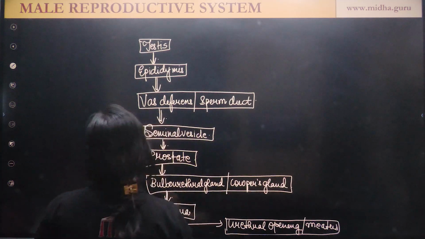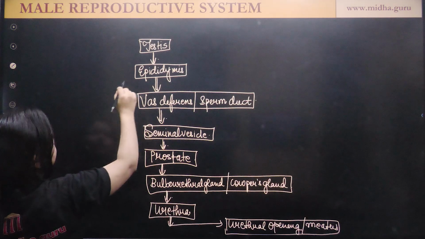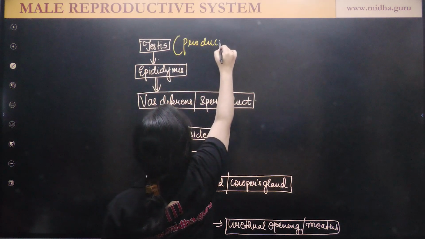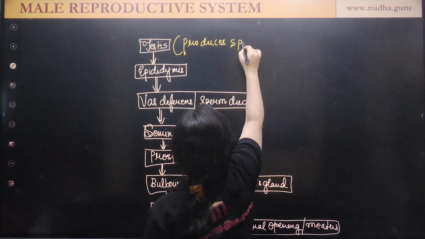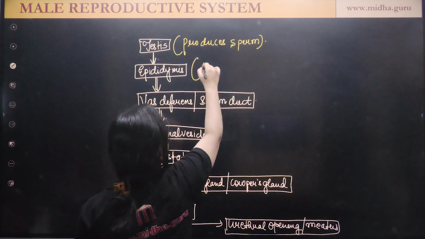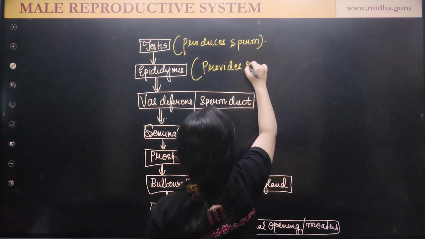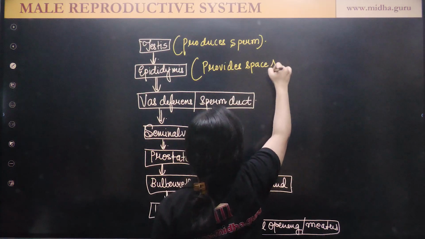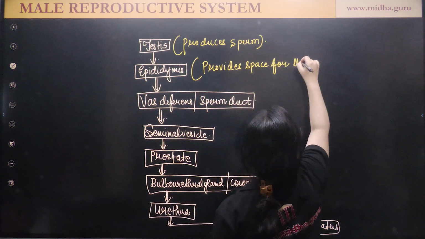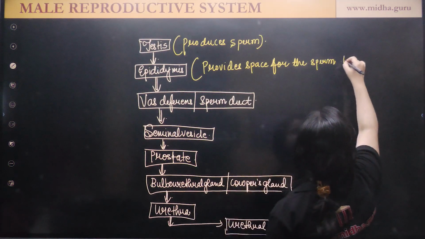Now let's start with the functions along with the names written. Testis produces sperm. Epididymis provides space for the sperm to mature.